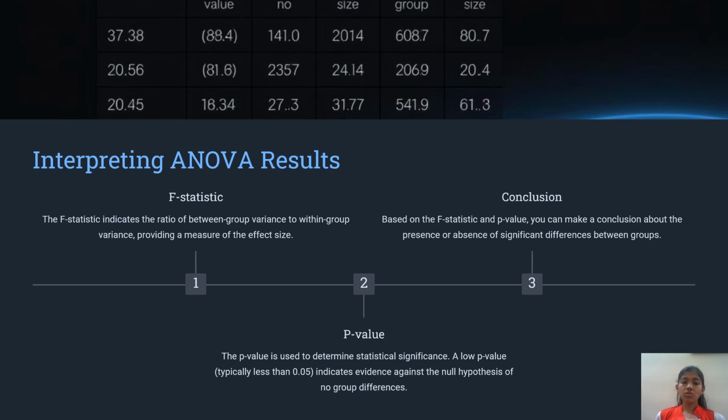A low p-value, typically less than 0.05 or 95%, indicates evidence against the null hypothesis of no group differences. Third is conclusion. Based on the F statistic and p-value, you can make a conclusion about the presence or absence of significant differences between groups.